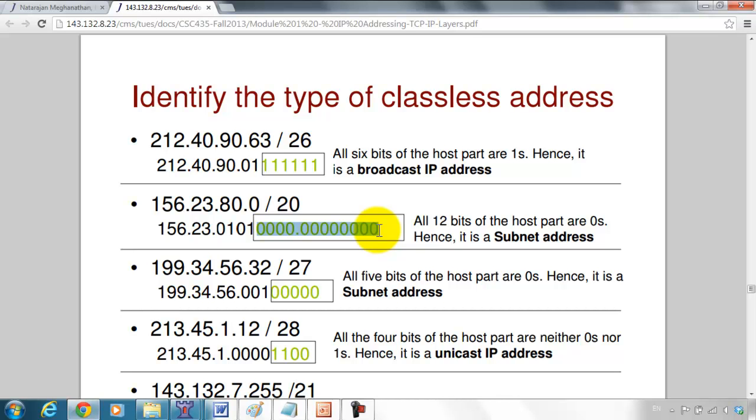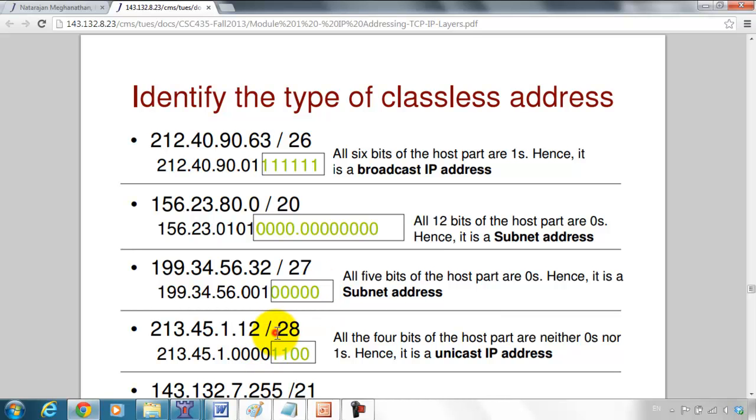So these 12 bits are all zeros, so we can say this is a subnet address. Now 32 minus 27 is 5 bits for the host part, so these are the last 5 bits, right? And this is our 32 here, right? So the last 5 bits which are representing the host part are all zeros, so that is again a subnet address.